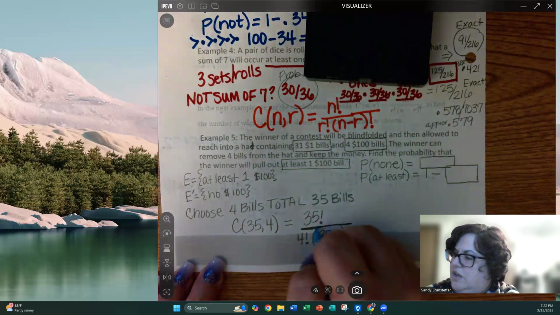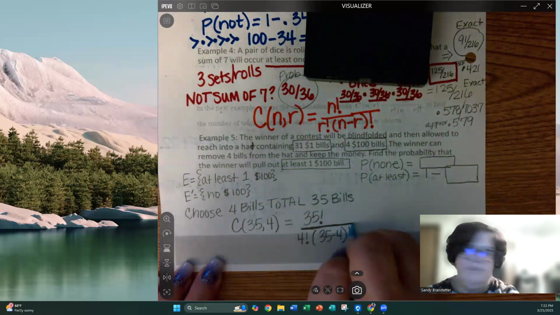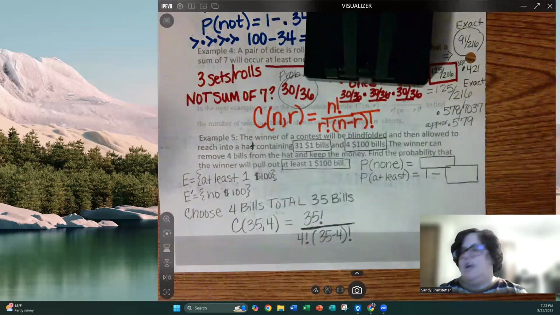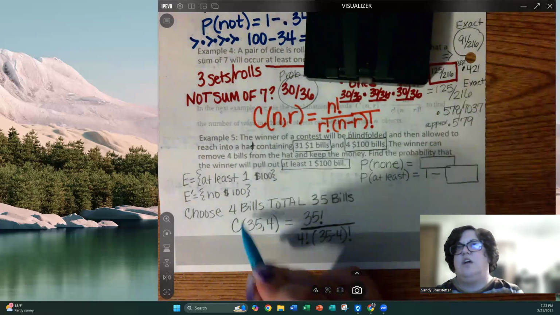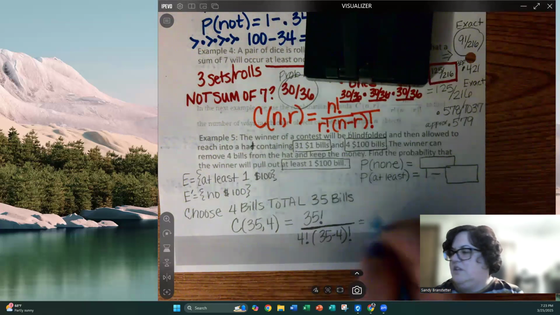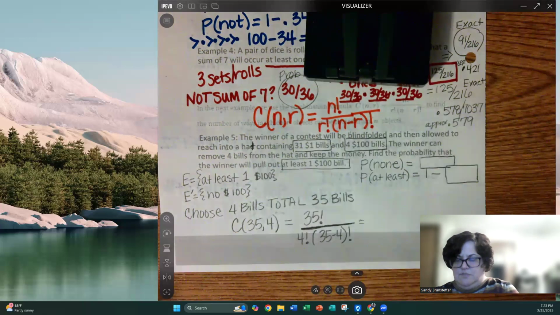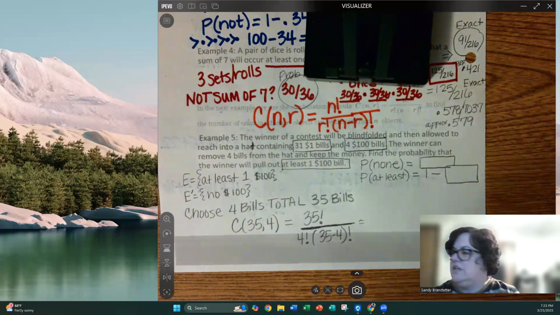Again, remember your calculator should have an NCR button, and you can actually do this on your calculator instead of having to do it by hand. So I'm going to go ahead and press my NCR button. So I hit 35, then that PRB button gets me to NCR, and then I hit 4 and hit enter.